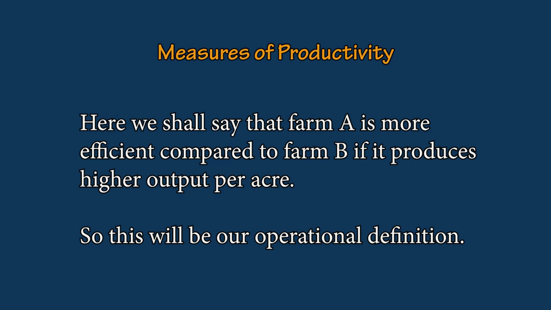Here, we shall say that farm A is more efficient compared to farm B if it produces higher output per acre. So, this will be our operational definition. So, we shall consider productivity in terms of higher output per acre. So, output per acre will give us the measure of productivity.